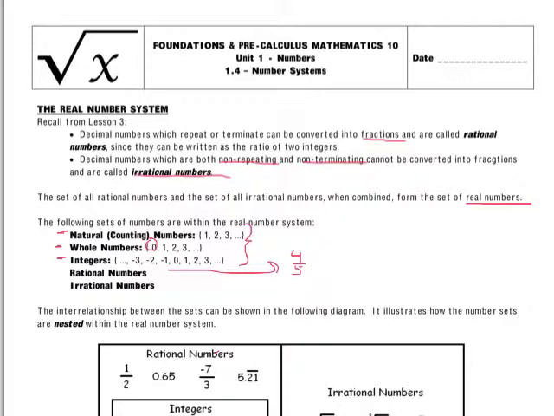So we're looking at any number a over any number b. As long as it's a fraction, it's a rational number. Okay, irrational numbers, they are, as I said before up here, non-terminating and non-repeating.